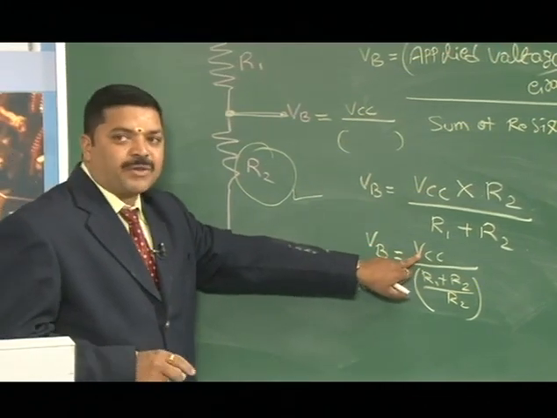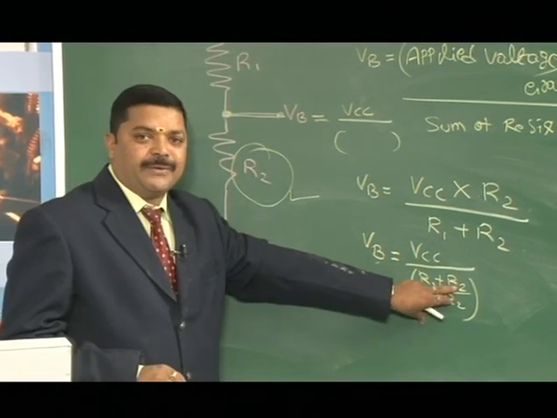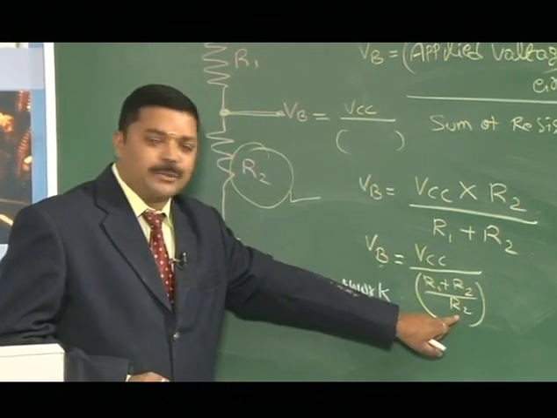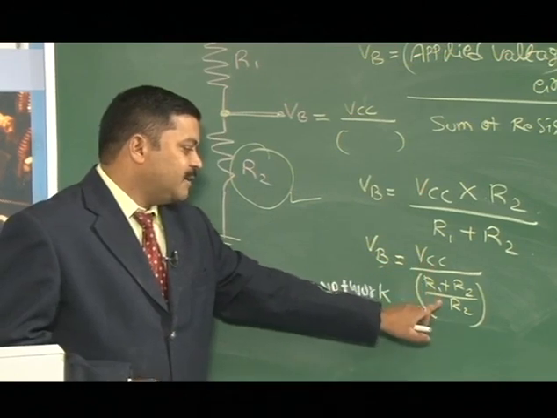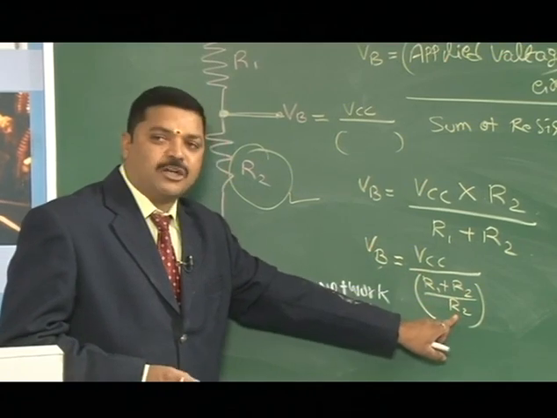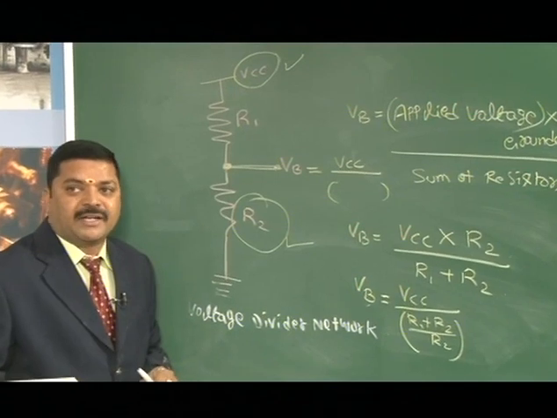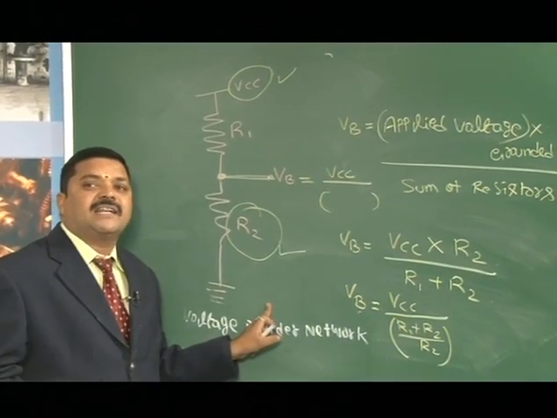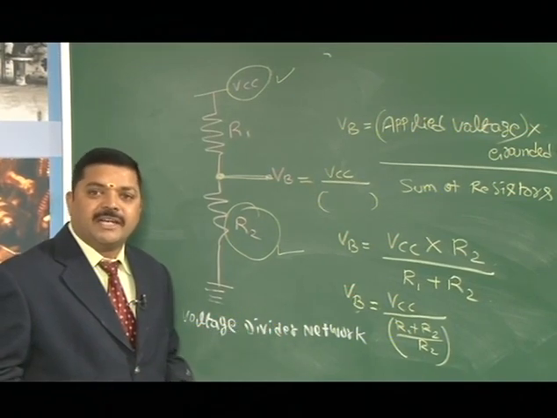Voltage VCC, which is the applied voltage to the network, is getting divided by some value, that is (R1 plus R2) by R2. Therefore, this network is called a voltage divider network. And since we use this network in our biasing technique along with the transistor, it is called voltage divider biasing.